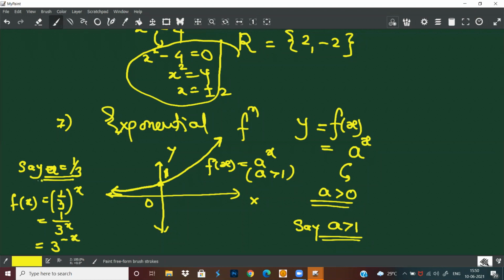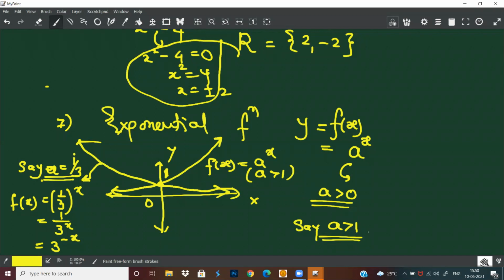Okay. At 1 they will intersect. This is my graph of y is equal to 1/3 raised to x for a less than 1.